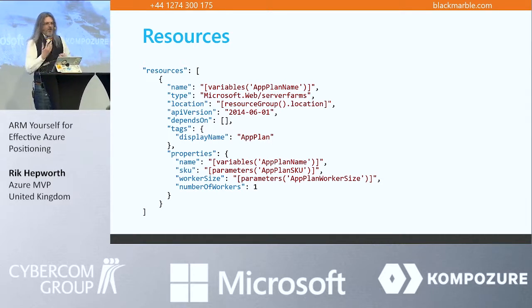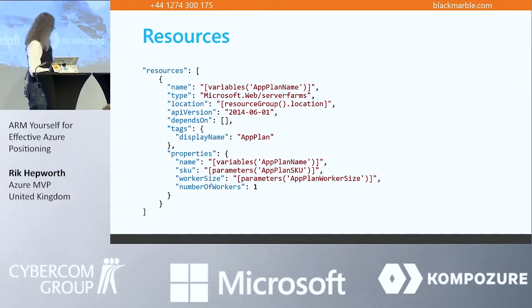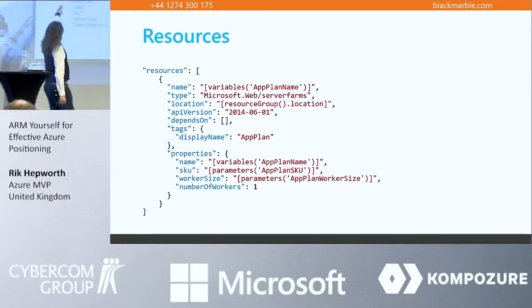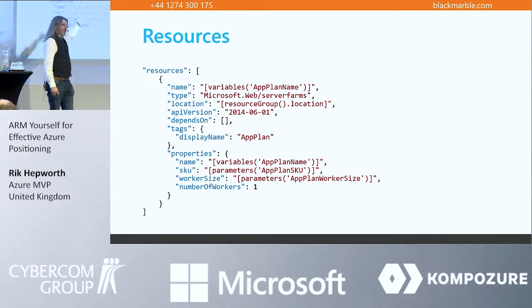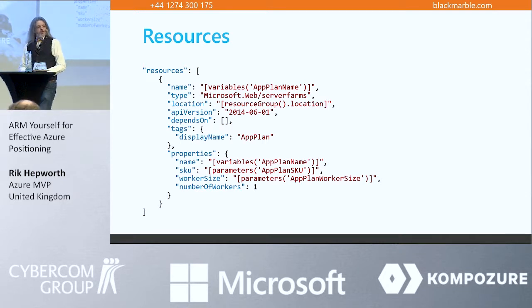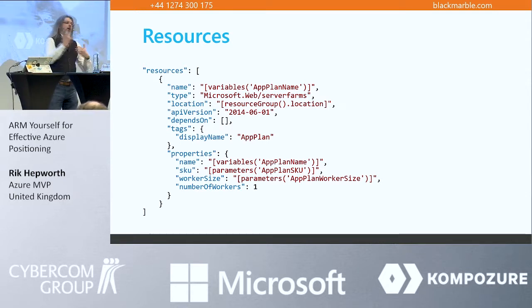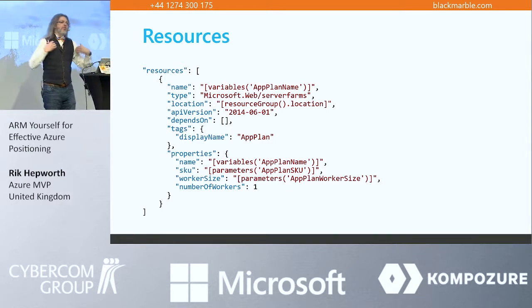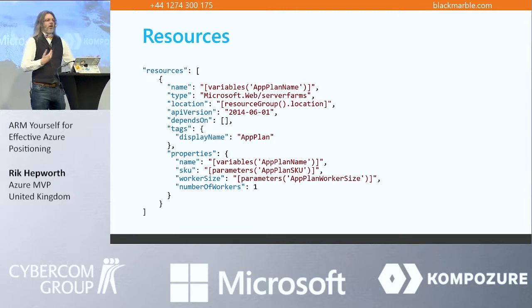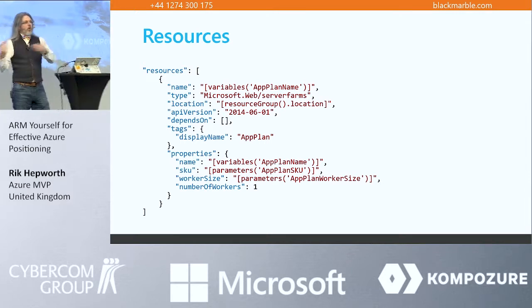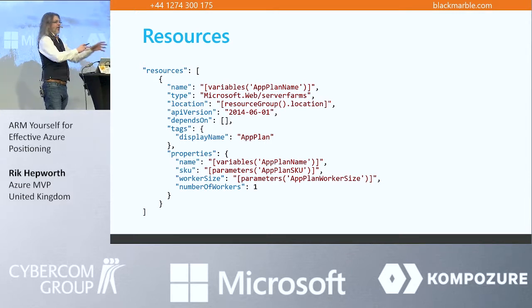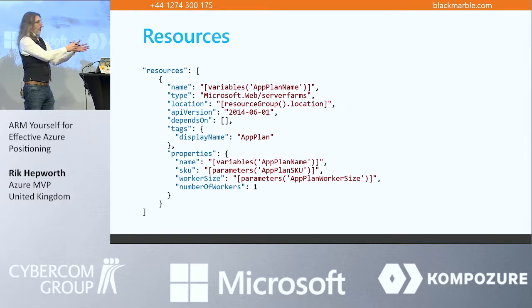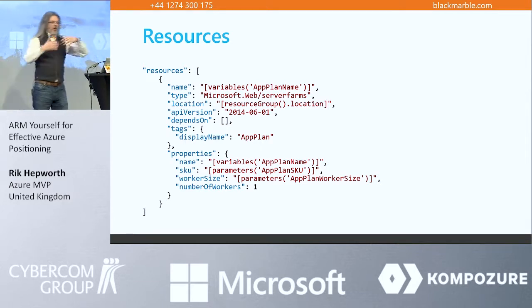Whereas if I put a tag in, you see there's a tag section in the middle down here, that says tags display name. And display name is what turns up in the Visual Studio editor. So I can then start to give my resources in the template a name that means more to me as the person who owns the system. So rather than Azure website, it might be, this is the e-commerce front end, or, this is our back-end API site, or something like that.